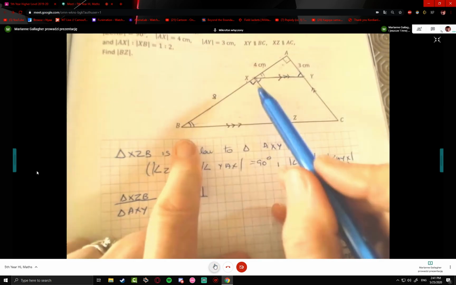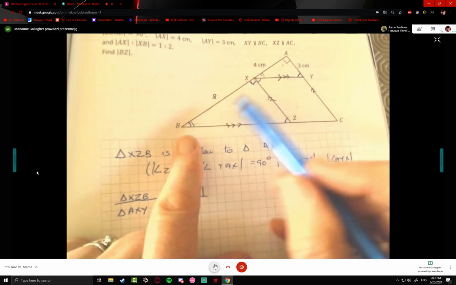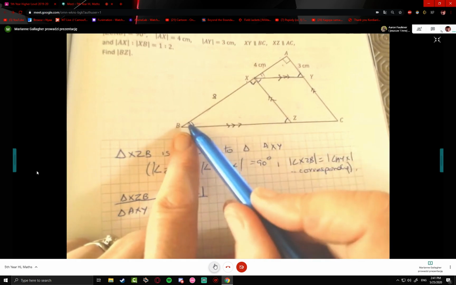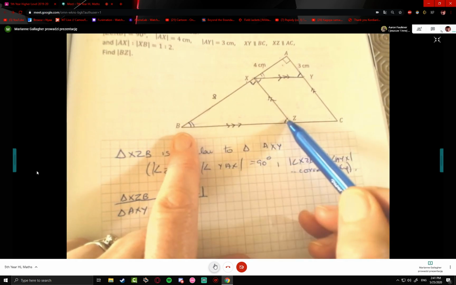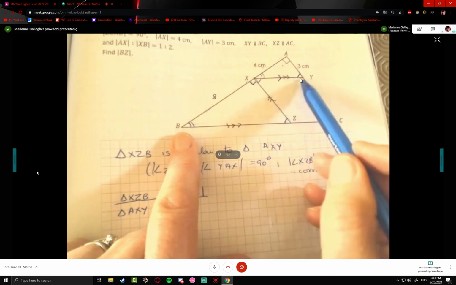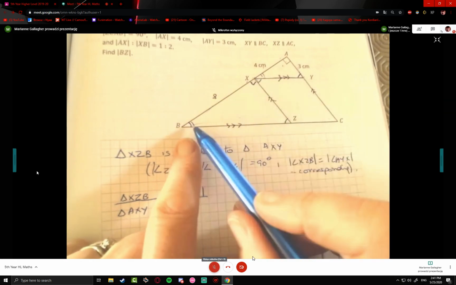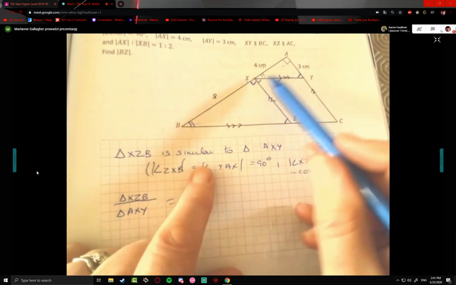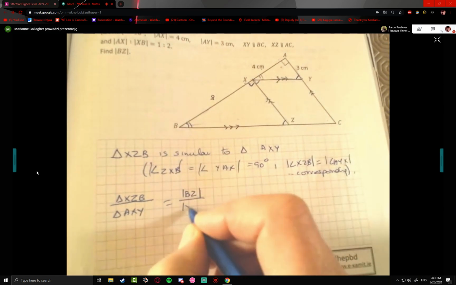The other thing to do is mark in the angles. See the way BZ is touching this double one and the single. Exactly, okay. So if you mark in which angle is the same as which, then it's easy to see which sides correspond to which.